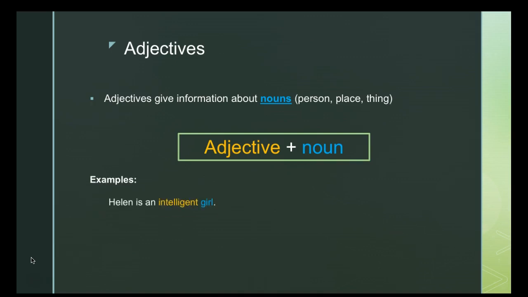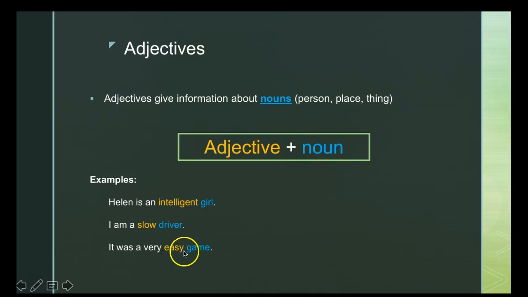For example, Helen is an intelligent girl. We have the adjective intelligent, and then we have the noun girl. I am a slow driver. We have slow as the adjective, driver as the noun. Slow driver. It was a very easy game.